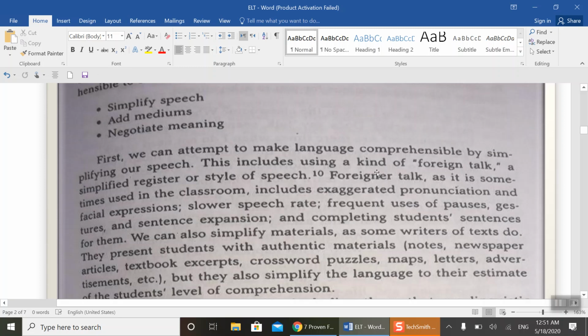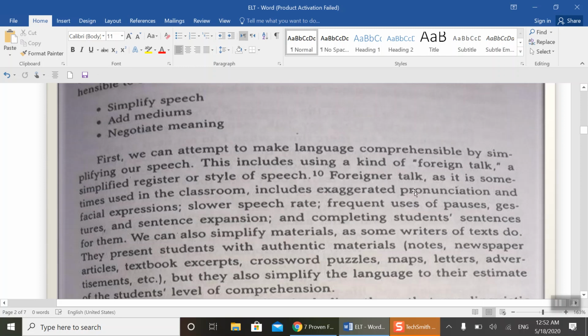This includes using a kind of foreigner talk, a simplified register or style of speech. This is what we mean by foreigner talk. It means a simplified style, a simplified register of speech.